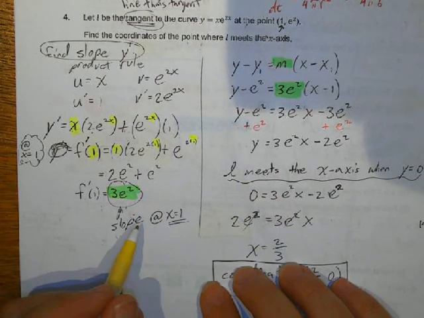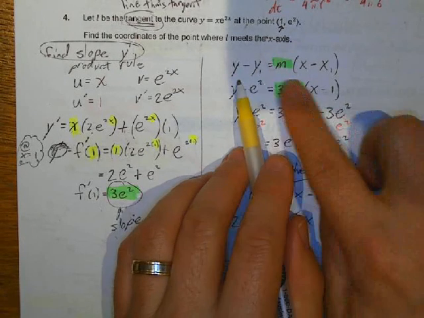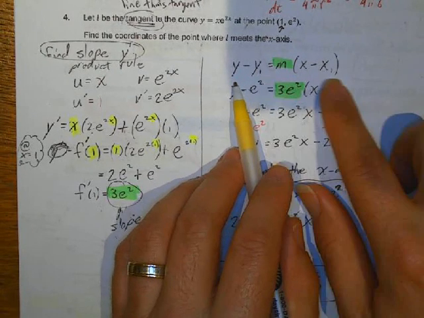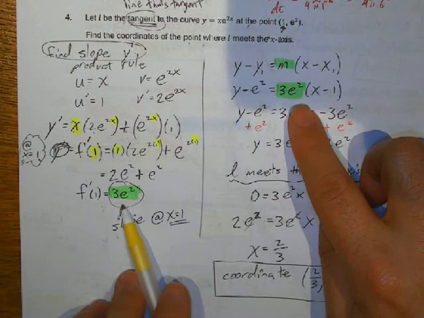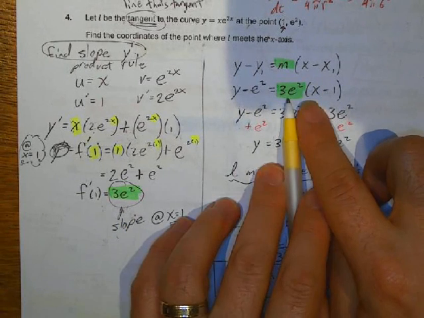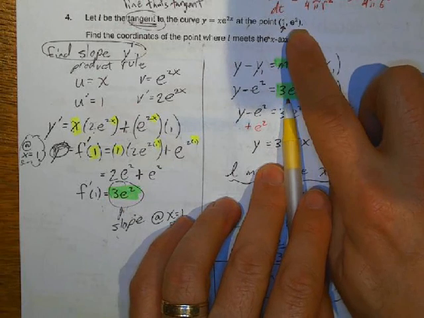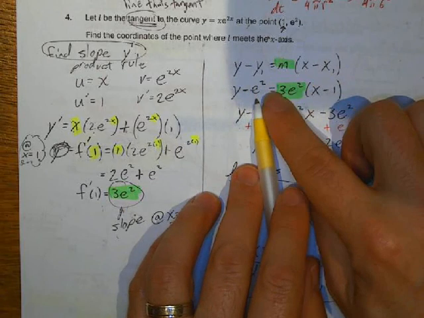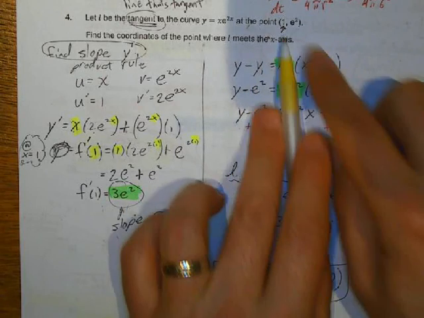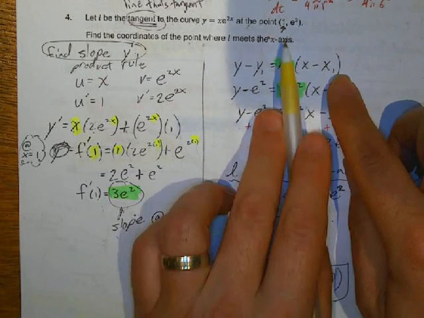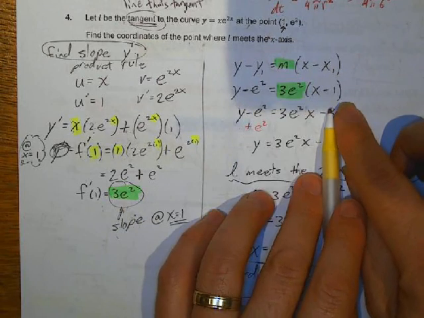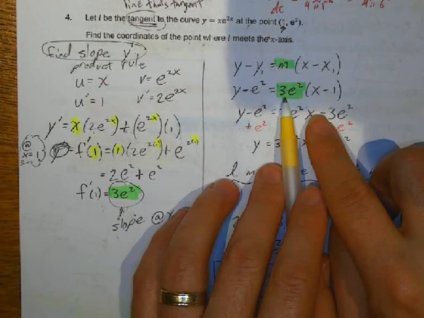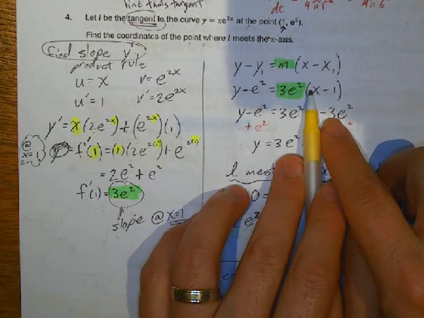So here is the equation of a line in point-slope form. We just said that the slope is 3e squared, and we've got this point 1 comma e squared. So I'm going to replace y sub 1 with e squared, and I'm going to replace my x subscript 1 with 1. Okay. Then now I can do distributive property with the 3e squared, and that's what I did here.